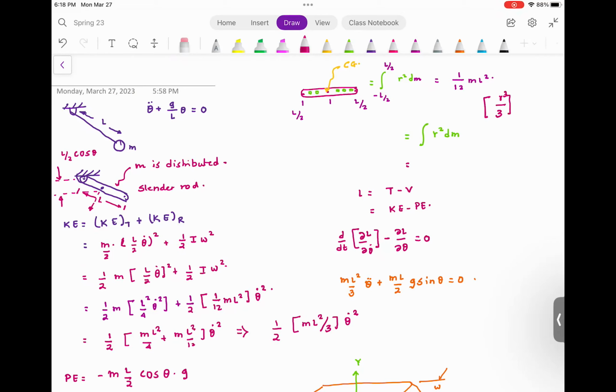So you get 1 over L here, so m by L, and then you have plus L and minus L. That gets basically, and then the L gets cancelled. Let me see if I derived it somewhere over here.